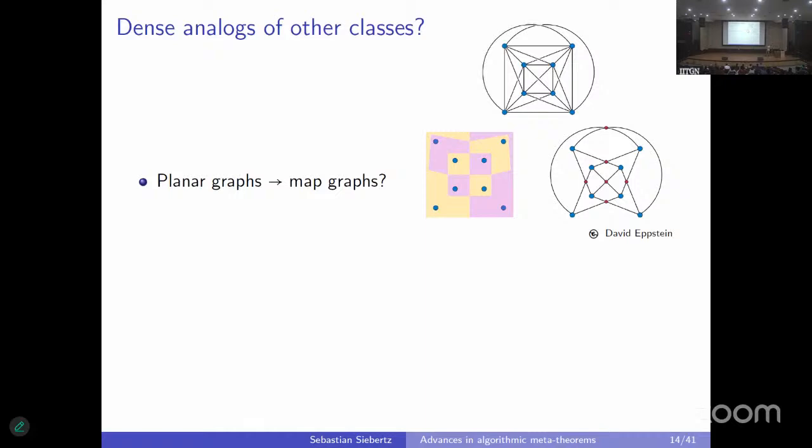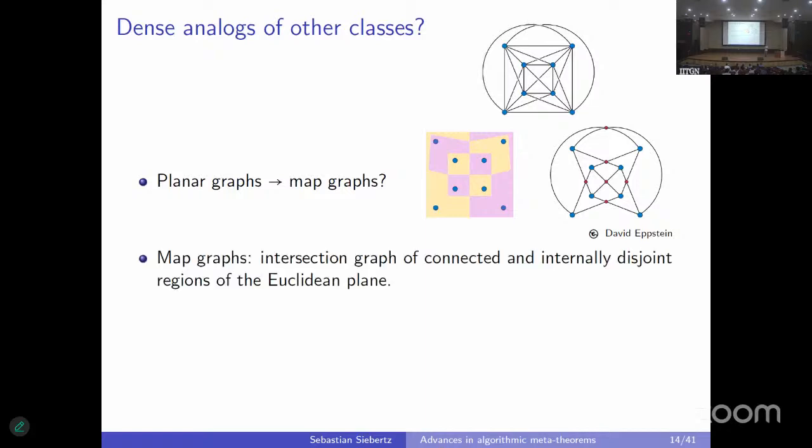So what would be a dense analog of planar graphs, for example? We have tree-width, sparse graphs, dense graphs, nice analogs. What would be a dense analog of planar graphs? Maybe map graphs. This is something related. What is a map graph? Map graphs are intersection graphs of internally disjoint regions of the plane. You see it in the figure. We have the regions there, and each region represents one vertex.